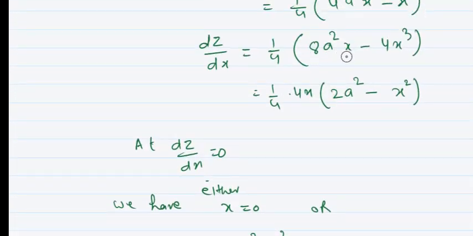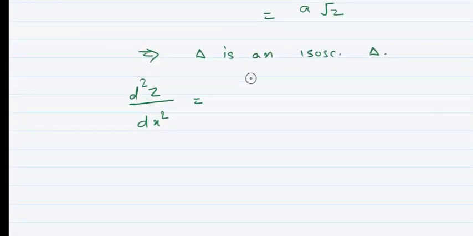So clearly 1 upon 4 into 8a square minus 12x square. Okay, this is the double derivative.